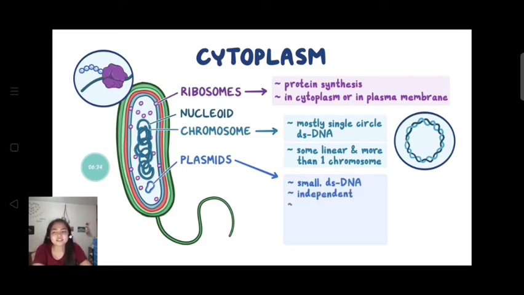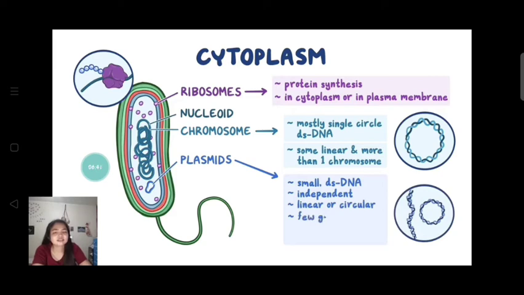Their genes and genetic information are not essential to the bacteria, and cells that lack them usually function normally. However, plasmids often contain genes that confer a selective advantage to the bacterium, such as resistance to antibiotics.